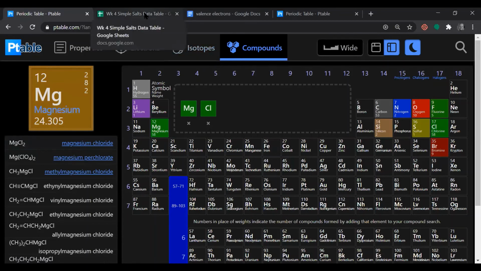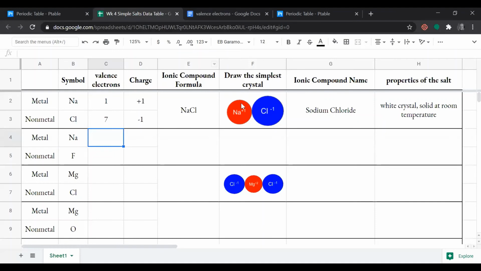I'll show you the data table that I have here. Why does one sodium ion react with one chlorine ion, and why does a magnesium ion react with two chlorine ions? That's what I want you to try to figure out.